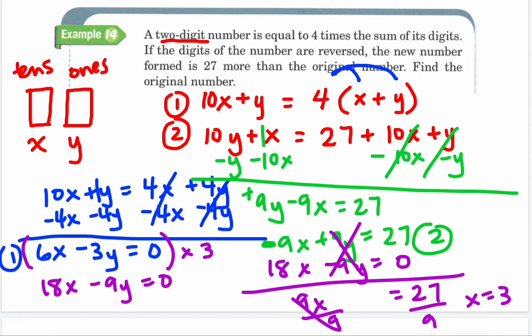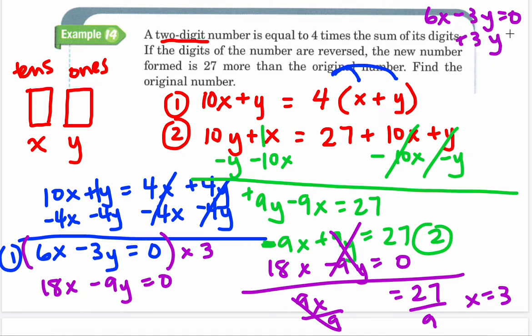Awesome. If x equals 3, let me see if I can plug it into something so that I don't have to do that much work. Let's plug it into this 6x minus 3y equals 0. How about that? I have so many equations because I've changed everything so many times.